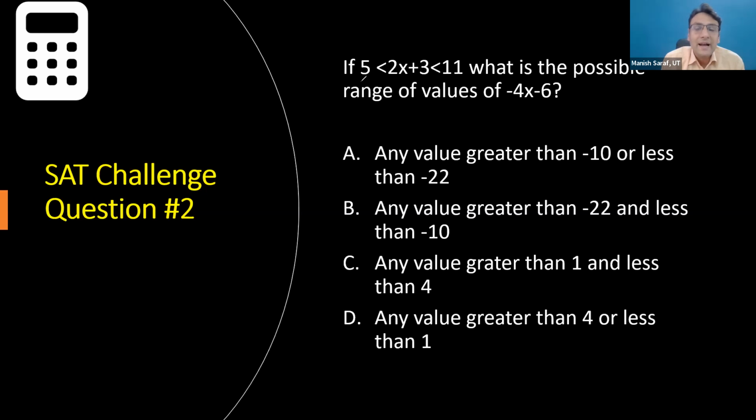The question says, this is the question. 2x plus 3 is greater than 5, less than 11. What is the possible value of minus 4x minus 6? Go ahead. Sir, I first took the 11, the right side. So it came out that x will be smaller than 4.